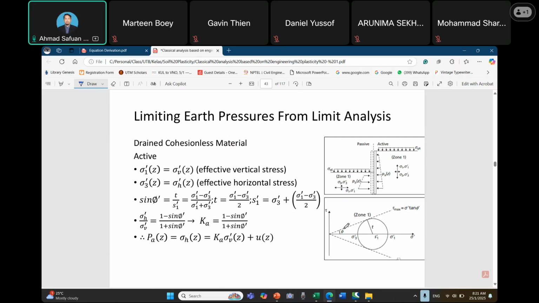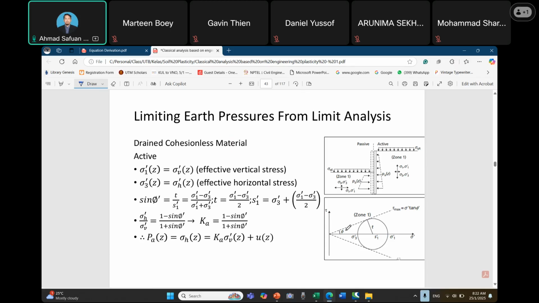The phi contributes from the roughness of the particles in the material.